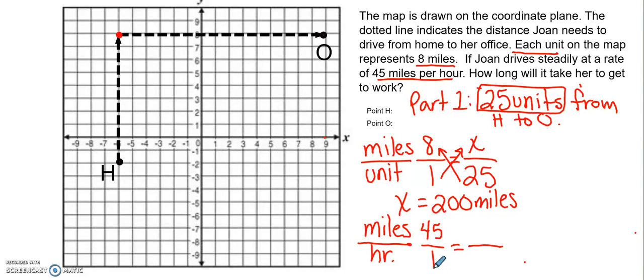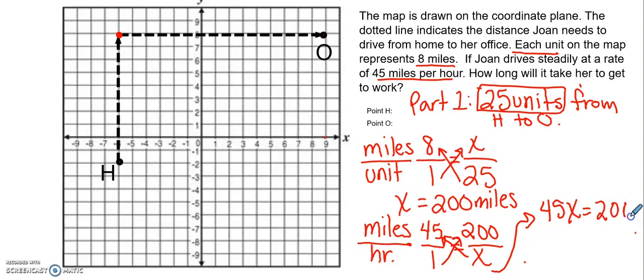And if she traveled 200 miles, X on the bottom. I'm going to move this answer up here, and X times 45, 45X, is equal to 200.